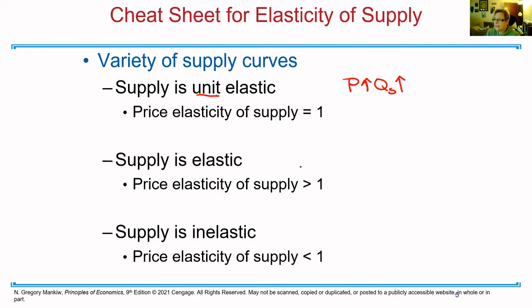If supply is elastic, as the price increases, the quantity supplied is going to increase a lot. If supply is inelastic, as the price increases, the quantity supplied is going to increase, but just by a very little bit. You can see if we talk about supply and costs, that if you're inelastic, you cannot capture as much profit if the price goes up.